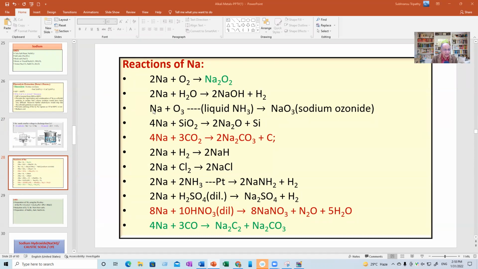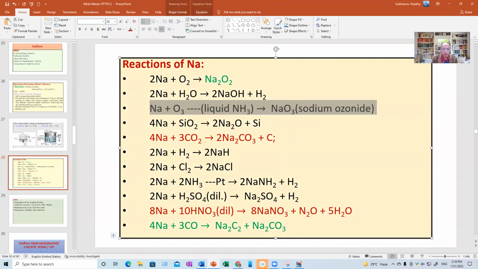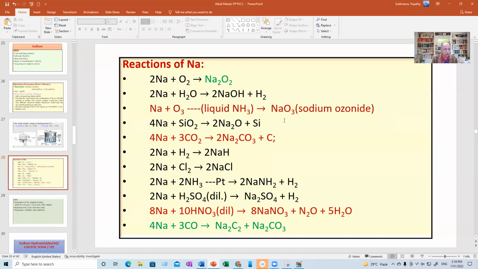This is the new thing that I have not told. When sodium reacts with ozone in liquid ammonia solvent, it produces sodium ozonide. That is the way to store ozone in the form of sodium ozonide, and at our need, we can just heat it and get back ozone.